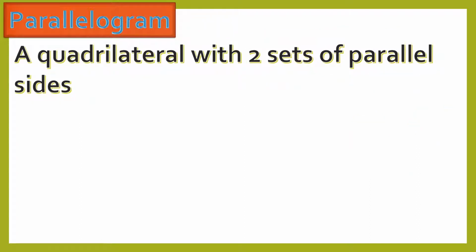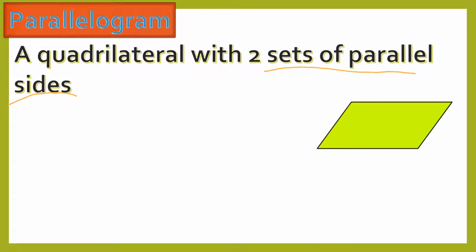Once you've written that down, because if you take notes, you can use these notes later. Now let's try some. Is this a parallelogram? Use your rule. Does it have two sets of parallel sides? Here's one. Here's two. You are a parallelogram.